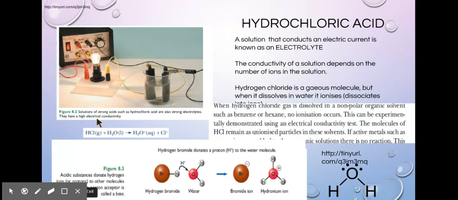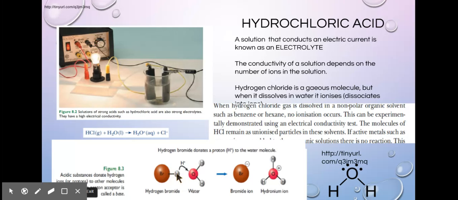We normally write HCl, and we're generally referring to aqueous HCl, but it's actually made by putting a molecule of hydrogen chloride gas into water and allowing it to dissolve. And as it dissolves, it breaks up into ions, pretty much in the same way as hydrogen bromide does.